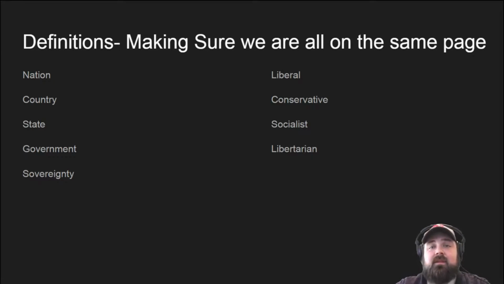A country is a land with a boundary. A state is a set of institutions that run a nation and a country. The government are the actual individuals that run the state. So it's a who are the government, not a what is the government. And all of this is tied together with the ultimate decision-making authority that is sovereignty.